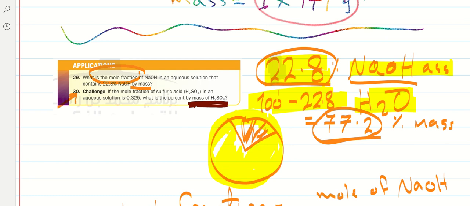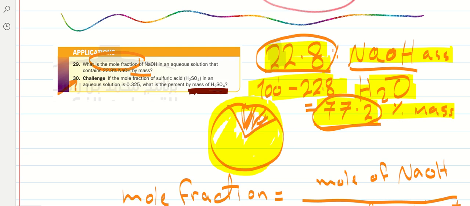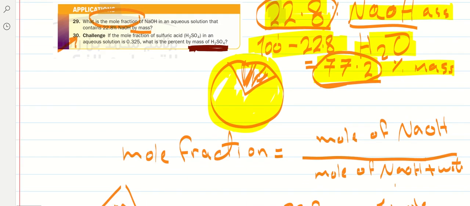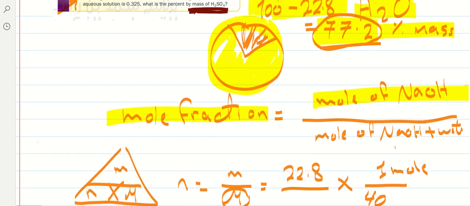So it will be 77.2% mass. But the question doesn't ask about the percent mass. It is asking about the mole fraction. So I have to get the moles of sodium hydroxide and the moles of water.